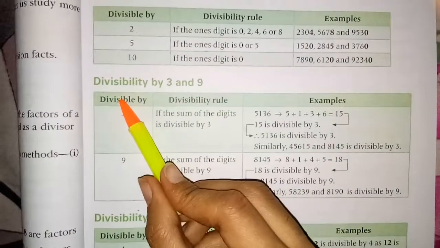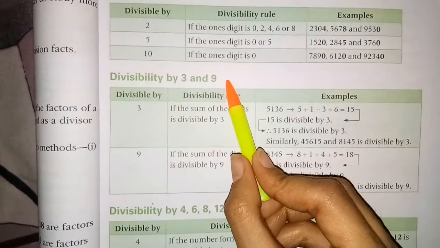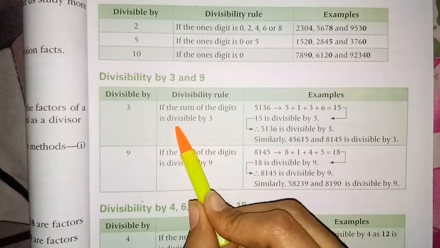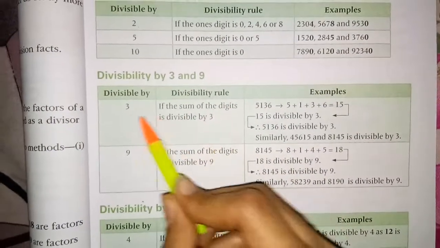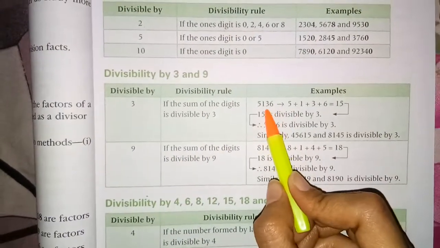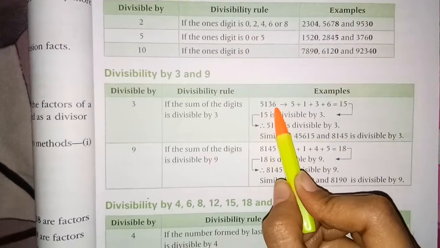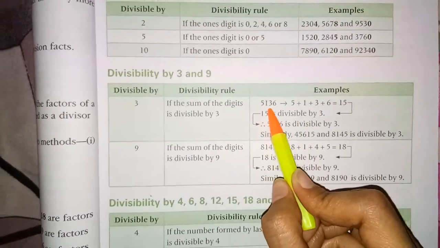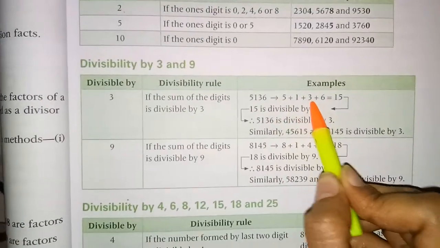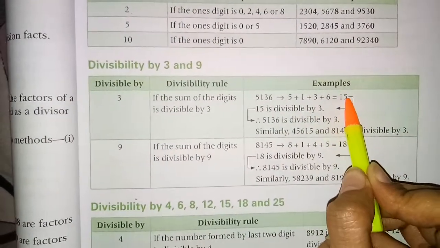Now if we talk about divisibility by 3 and 9, what is the divisibility rule of 3? If the sum of the digits is divisible by 3, then that number is divisible by 3. Suppose we have this example, 5136. Firstly we have to find the sum of these digits: 5 plus 1 plus 3 plus 6, which is equal to 15.